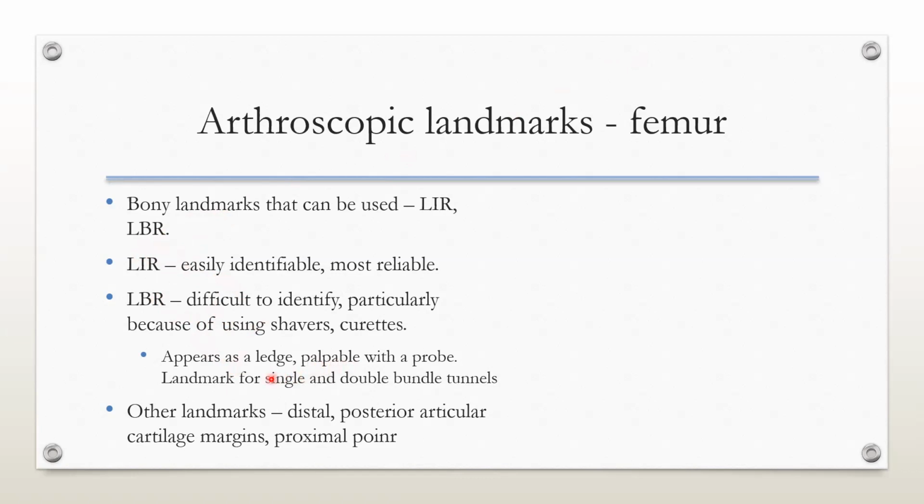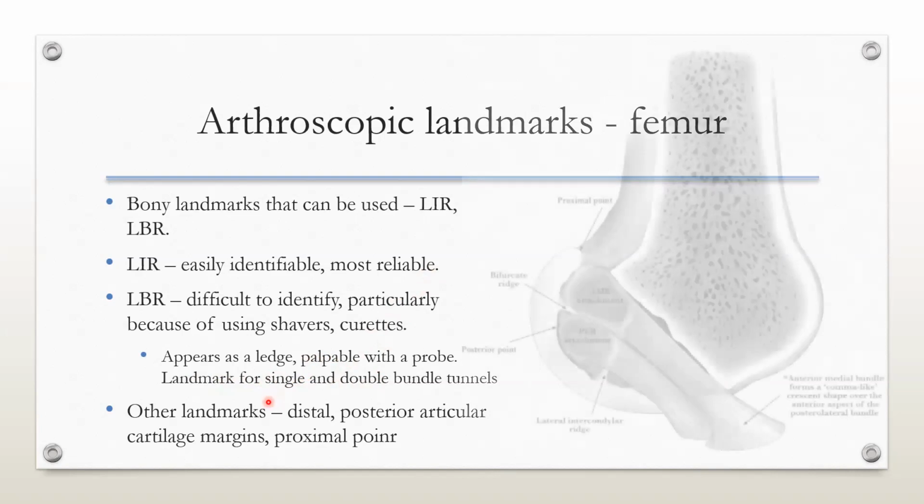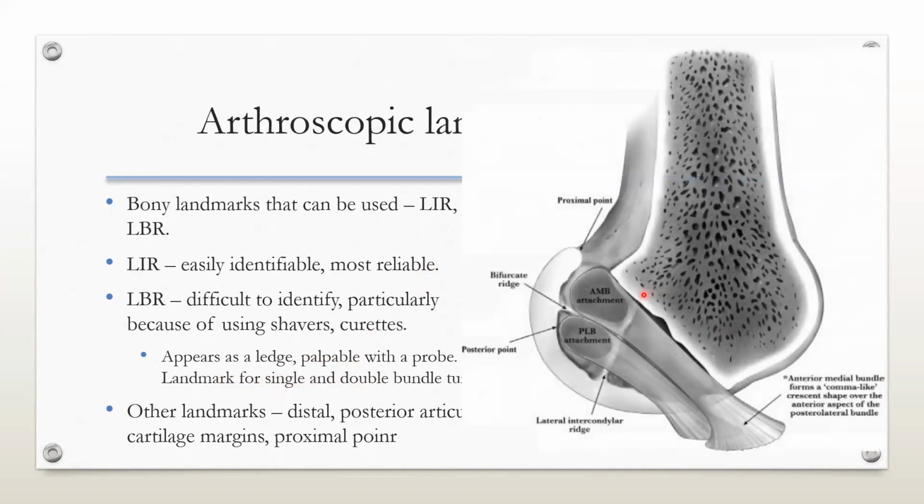But it is a crucial landmark in double bundle tunnels to locate the anteromedial bundle and the posterolateral bundle. Other landmarks that can be used include the distal and posterior articular cartilage margins and also the proximal point of the femur. This is a diagram depicting the orientation of the bundles with respect to the landmarks described.